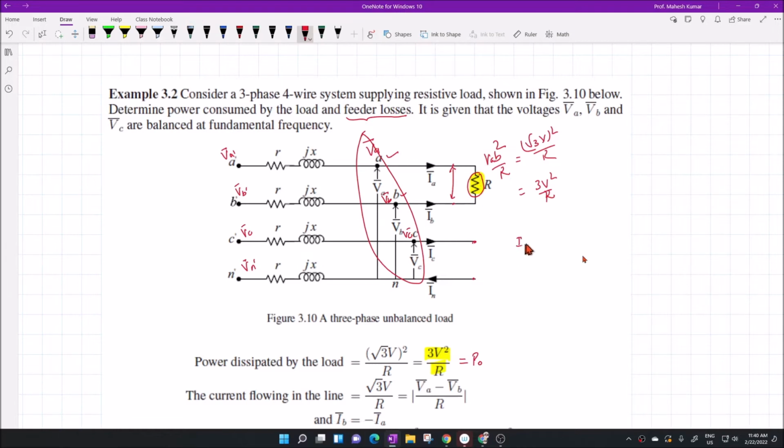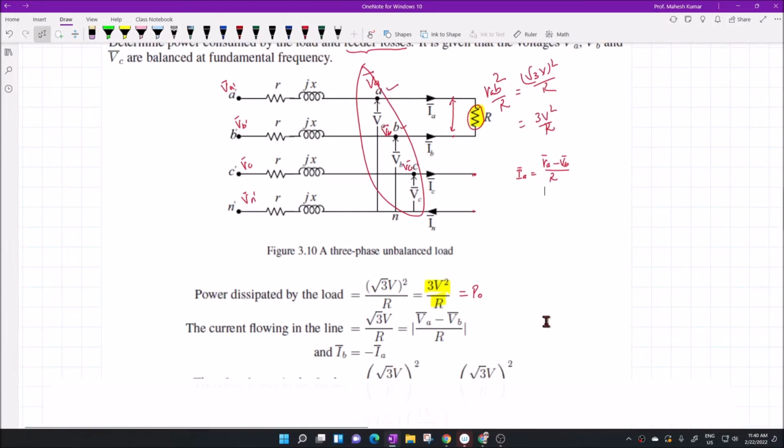If you solve this, you can find it is root 3 V, with A as the reference phasor and VB with a negative sign, at an angle of 30 degrees, divided by R. And the magnitude of this current will be root 3 V by R. This is the RMS value of the A phase current.